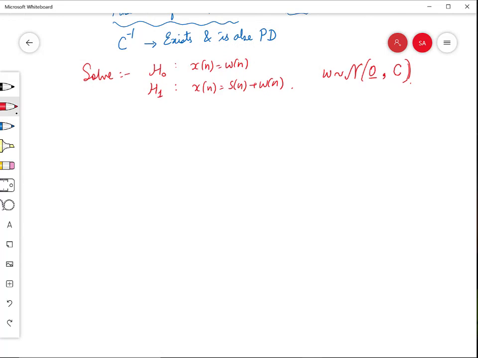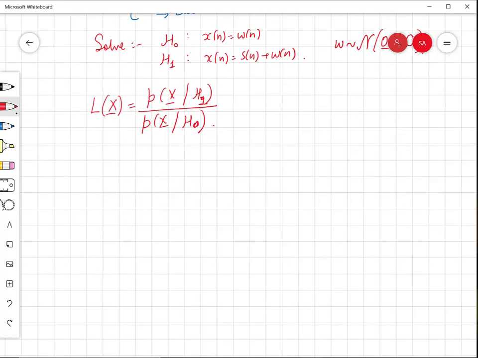We first formulate the likelihood ratio. This is equal to the probability of x given hypothesis H1 is correct, divided by the probability of x given hypothesis H0 is correct.